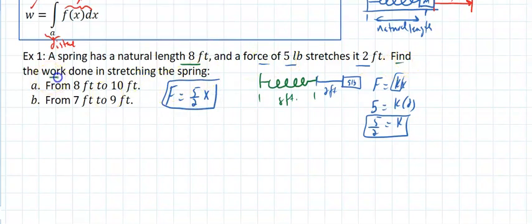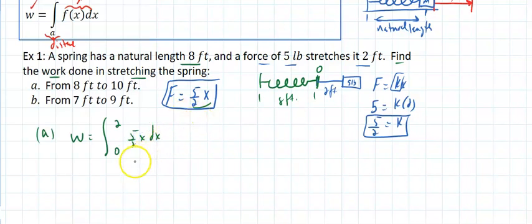Find the work done in stretching the spring, A, from 8 to 10 feet. Work would be the integral. Since the natural length is 8, when you say from 8, that's 0 to 10 feet, that's only 2 feet worth of distance. And f of x is 5/2 x dx.